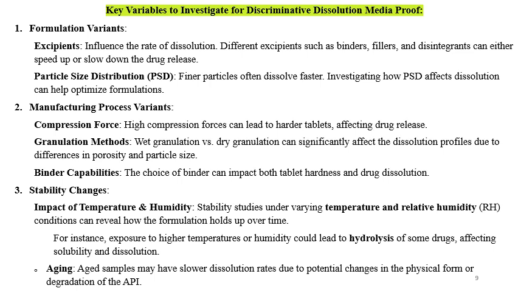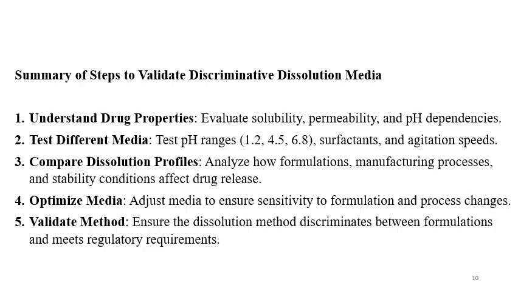So for example, exposure to high temperature or humidity can lead to hydrolysis, affecting the solubility and the dissolution. The polymorphic form change may also be there. The aging may have impact onto dissolution rates because of change in the physical characteristics of the formulation and the APIs. Sometimes polymorphic changes may happen. So these all are the key variables.